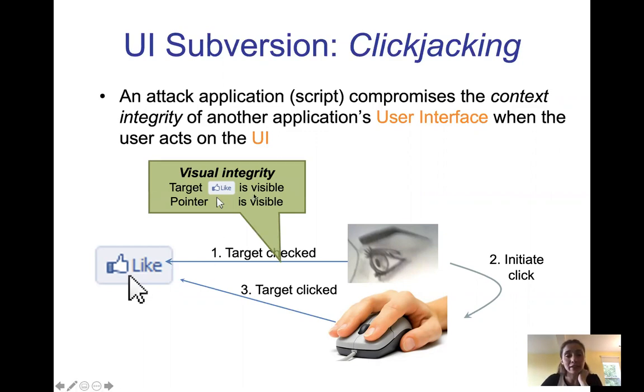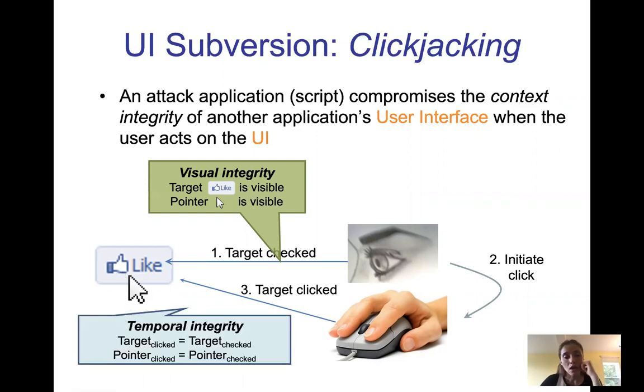One is the visual integrity. The victim sees some things and then clicks some things, but actually there are different things than what the user sees. And there's temporal integrity, which is about time, right? So the target the user checked should be equal to the target that was clicked, if there's temporal integrity. And the pointer that the user sees should be the pointer that clicks, not a different pointer.